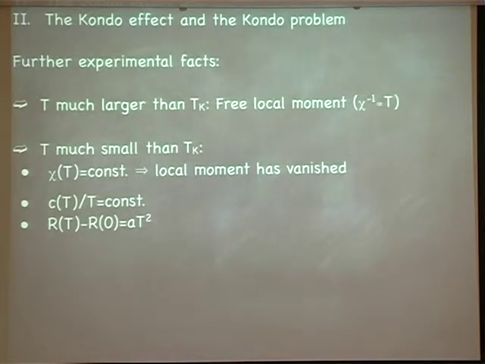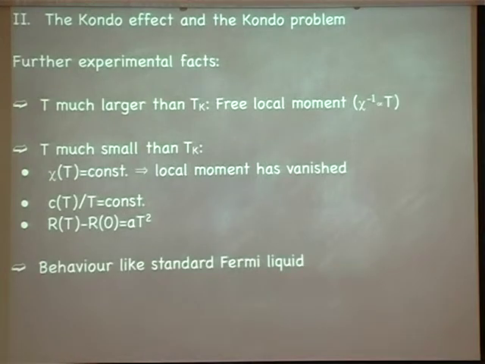But these are things we know. Our guru for phase transitions has also told us how to treat interacting fermion systems. This looks like a standard Fermi liquid. In Fermi liquids, you have a constant Pauli susceptibility. You have a constant Sommerfeld coefficient. And the resistivity, if you do the calculation correctly, varies like T squared.